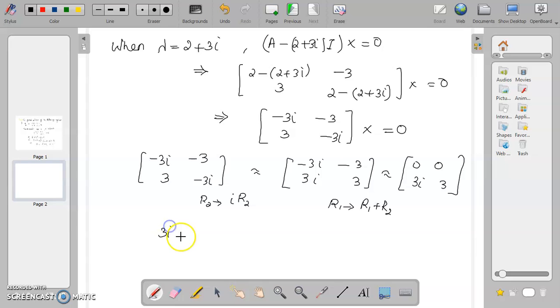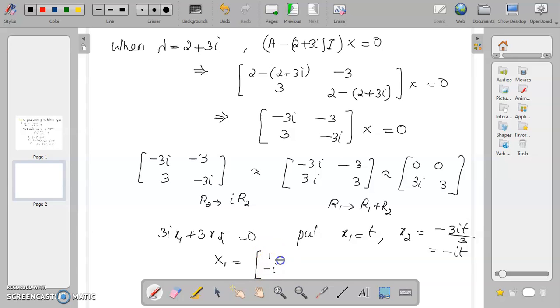So that gives us the equation 3i x1 plus 3 x2 equal to 0. So put x1 equal to t, so you will get x2 equal to minus 3it by 3, so that is minus i t. So you will get the eigenvector as 1 and minus i. So the first eigenvector is (1, minus i).